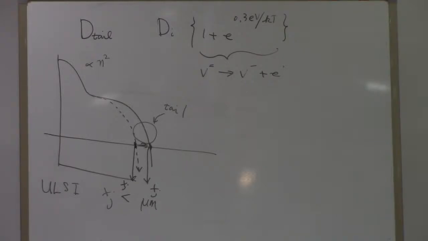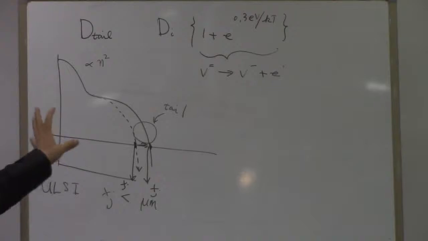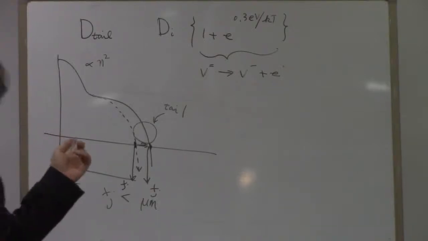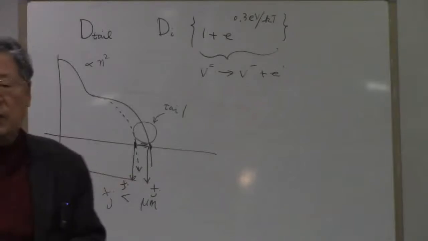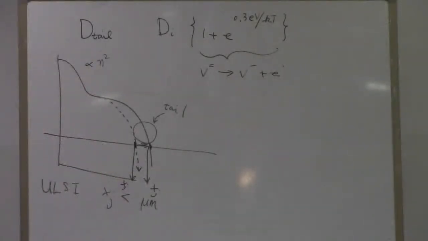We have to use arsenic, which was discussed last time, right? The reason is that phosphorus has the extra diffusion because of the dissociation reaction. But in arsenic, we don't have that. We just have a square profile. So we have better control of the junction depth.